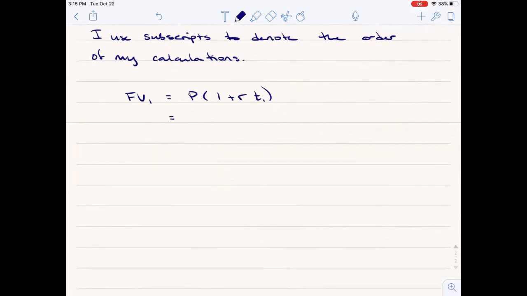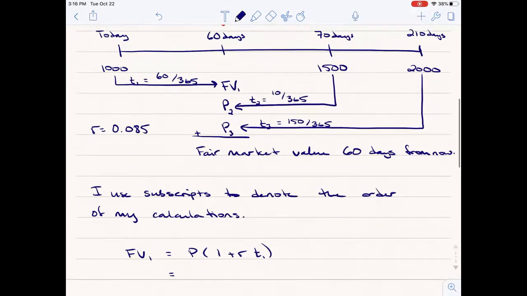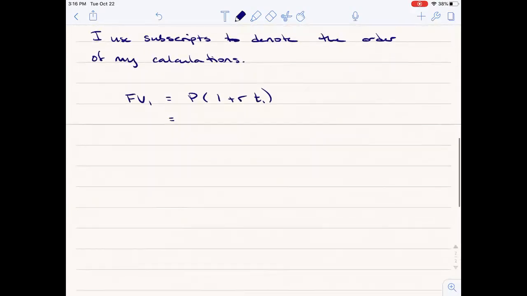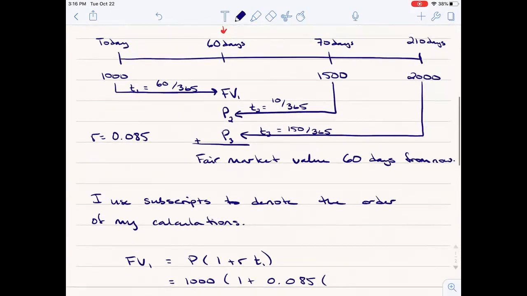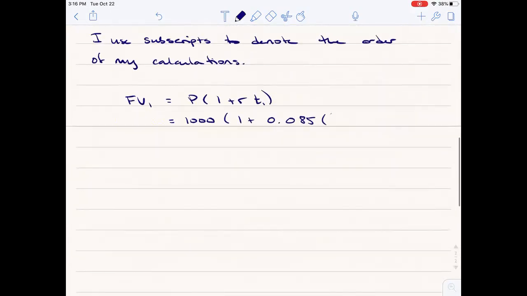The principal amount for future value 1 was 1,000, times 1 plus R, which was 0.085, times T1, which was 60 over 365.